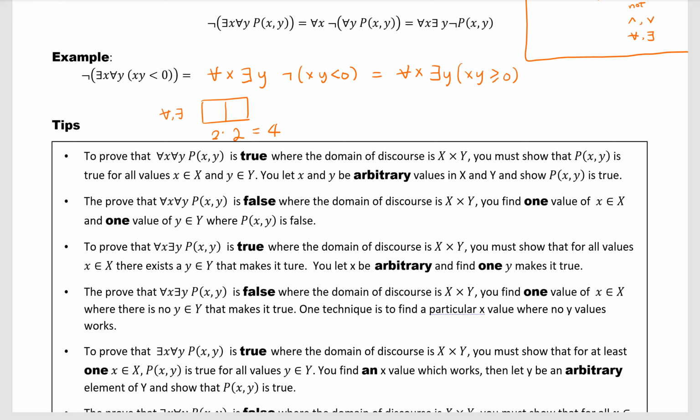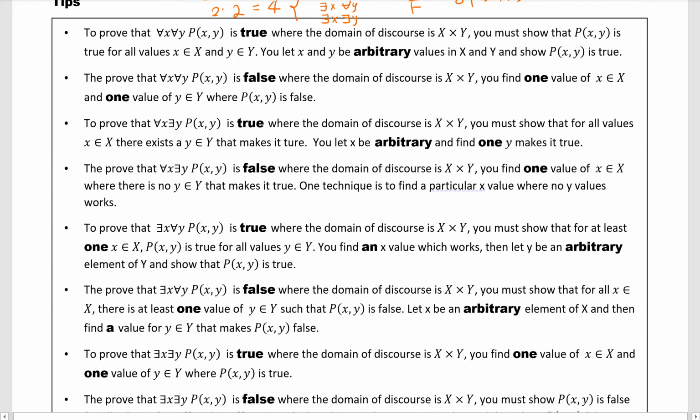That's why we have 4 possibilities: for all x for all y; for all x there exists y; there exists x for all y; there exists x there exists y. For each possibility, to determine whether it's true or false, it gives us 8 possibilities.